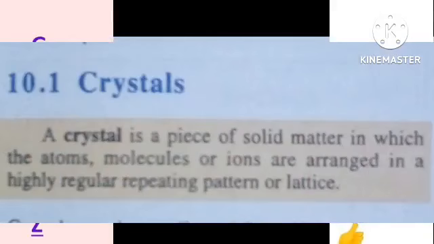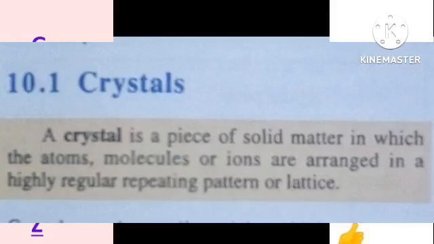Let's begin by defining what we attempt to talk about here, which is a crystal. You've probably seen white particles of salt, white particles of sugar, and other salts. These substances are all called crystals.